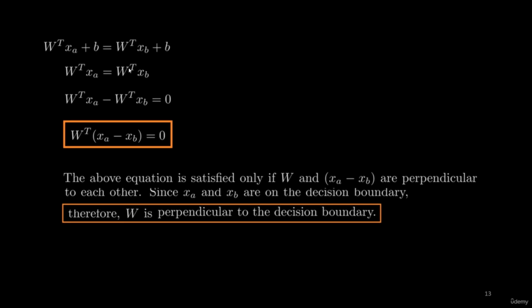Now move W transpose XB from the right side of the equation to the left side. We get a negative sign with it, and 0 on the right side. From these two terms on the left side, I can take W transpose as common, and I will be left with XA minus XB.